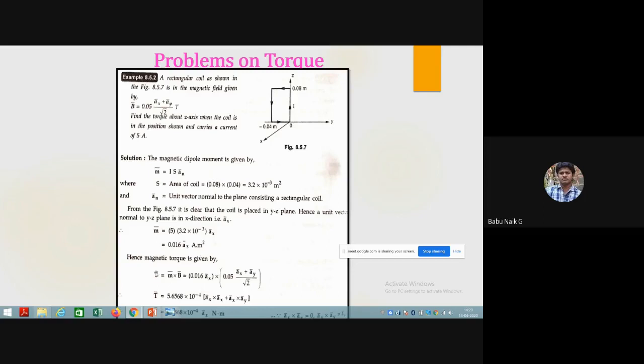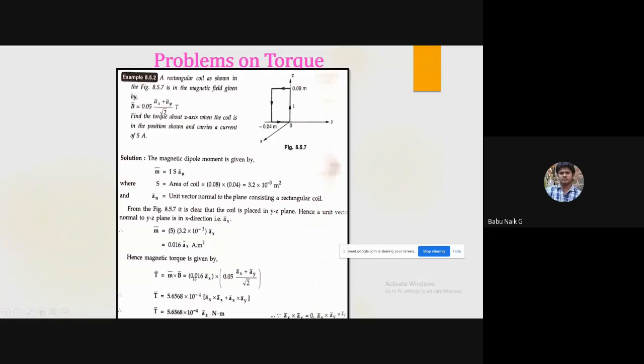Now you need to take the cross product of the magnetic dipole and the magnetic field. M is in the a cap x direction, and the magnetic field is a cap x plus a cap y over root 2. Here a cap x cross a cap x is 0, and a cap x cross a cap y gives the z direction.